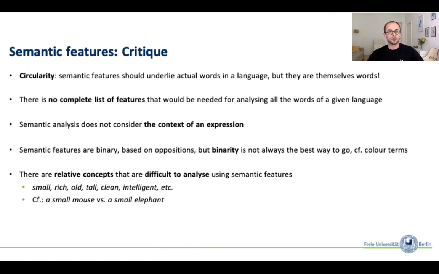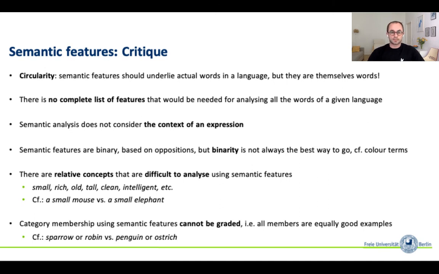And how could you actually describe that using semantic features? Small would probably have a semantic feature, probably something like minus big. But again, a big mouse is smaller than a small elephant, so problematic.